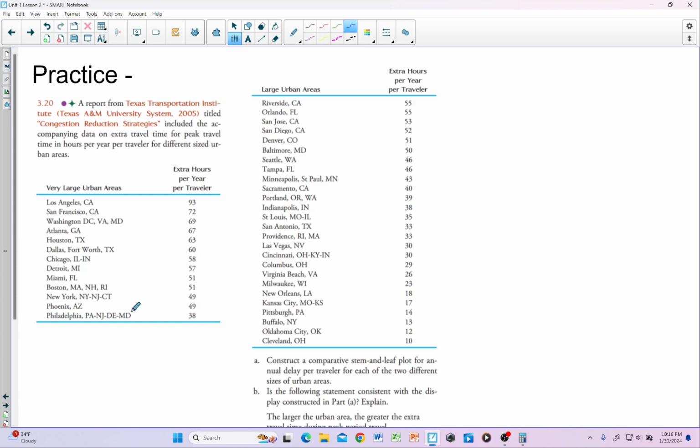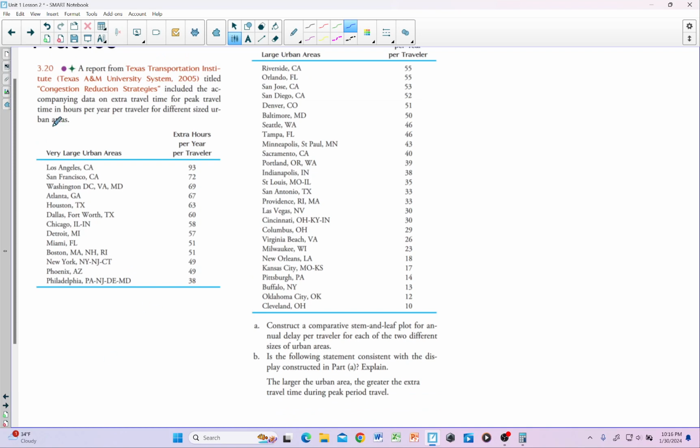All right. So we're going to construct a comparative stem and leaf plot for annual delay per traveler for each of the two different sizes of urban areas. A report titled Congestion Reduction Strategies included the accompanying data on extra travel time for peak travel time in hours per year per traveler for different sized urban areas.